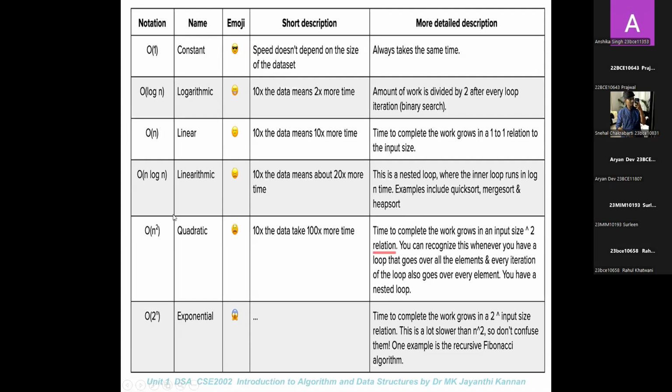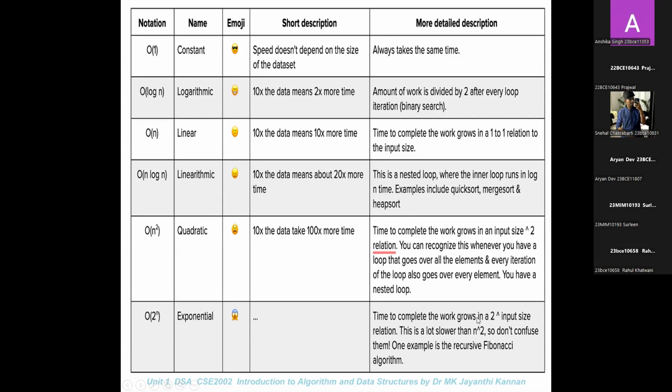Order of n square means it is quadratic. Time to complete the work grows when the input size increases. You can recognize this when you have a loop that goes over all the elements. And if it is exponential, it means order of 2 to the power of n for n inputs.